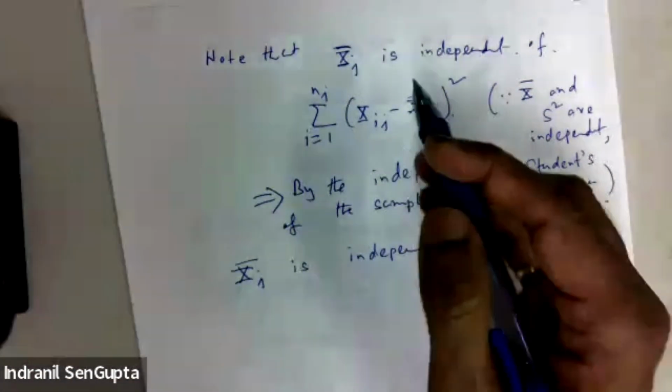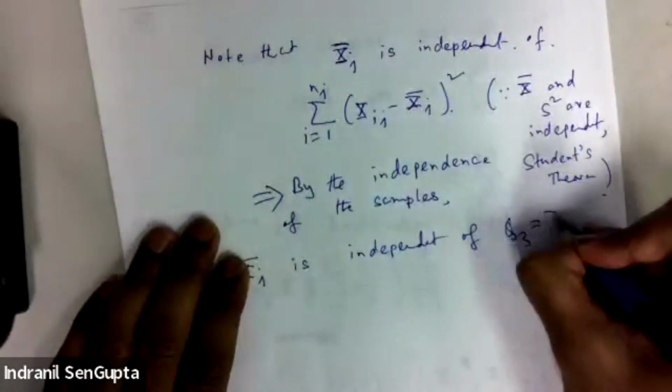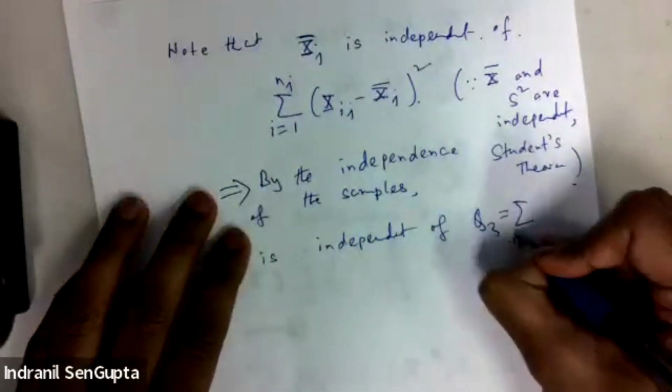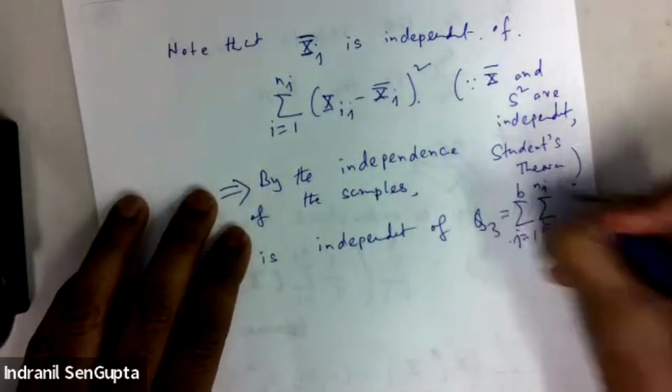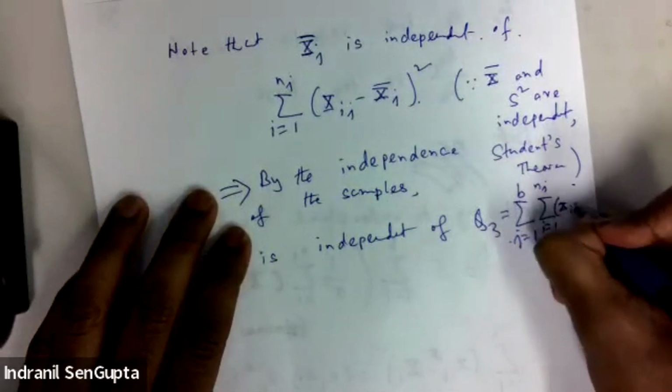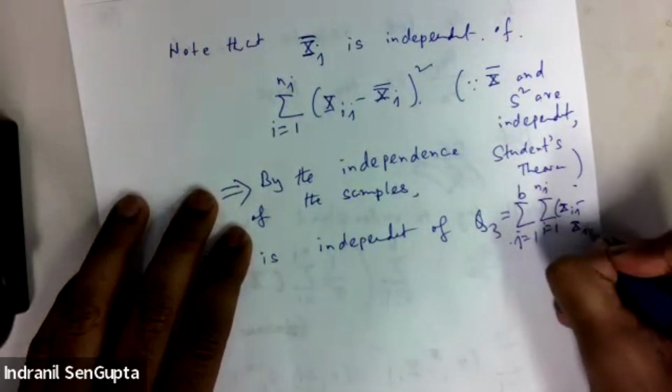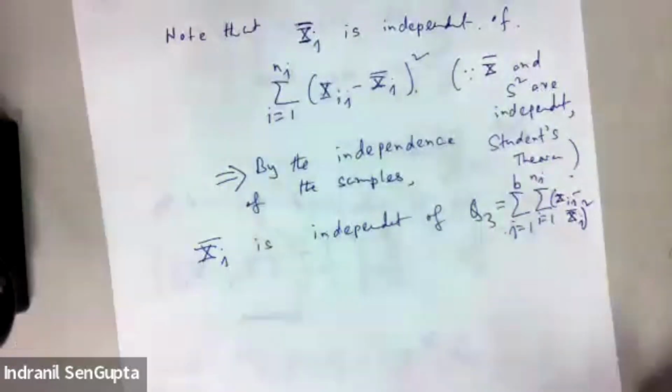So Q3, what is Q3? Q3 is just the sum over j from 1 to b, and i from 1 to n sub j, of X_ij minus X_j bar squared, right?